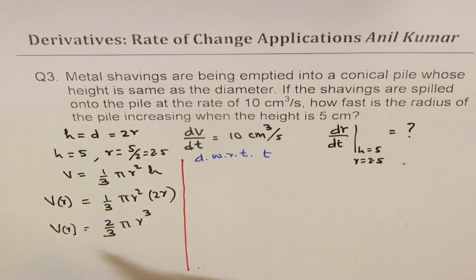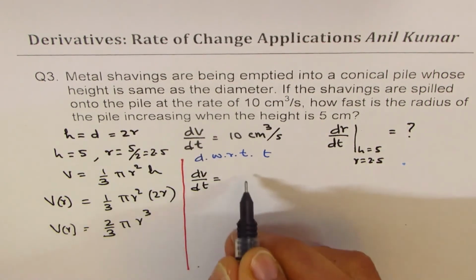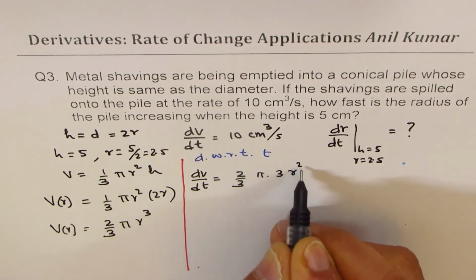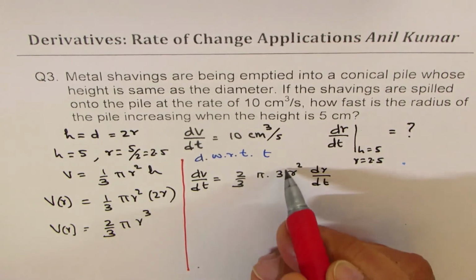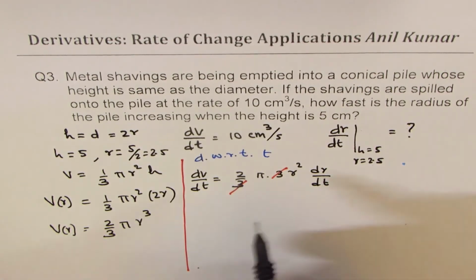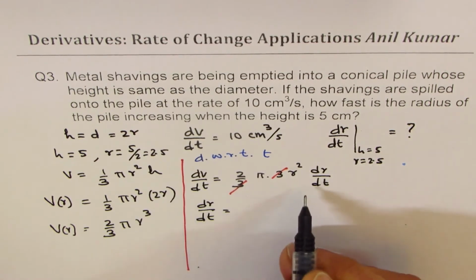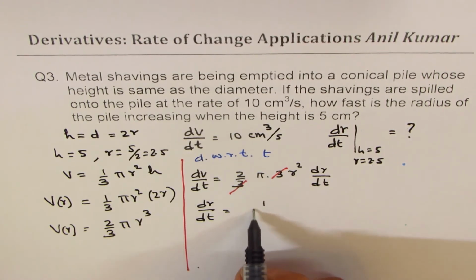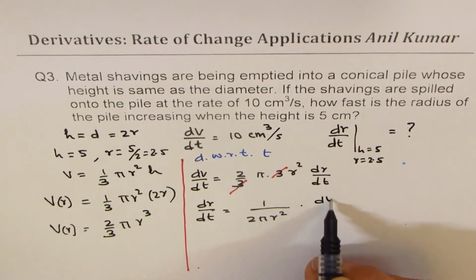That's the whole idea. So we have dV dt equal to 2/3 pi times 3 r square dr dt, correct? Simplify this a bit, rearrange, so we get dr dt is equal to 1 over 2 pi r square dV dt, since 2 pi r square comes in the denominator.